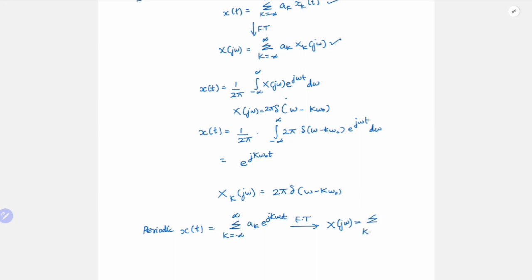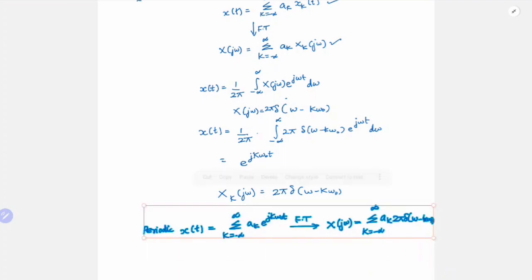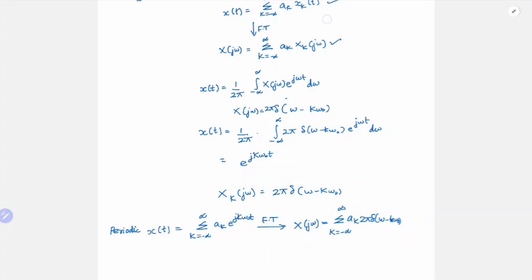This is also the summation k equal to minus infinity to infinity of a_k 2π δ(ω − kω₀).